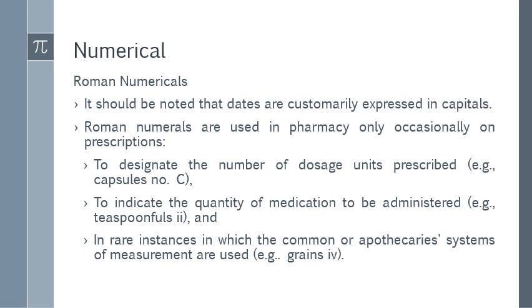In rare instances it can also be used for representing values in measurements, like in the apothecary system, so we can again use Roman numerals like grains IV. Here is the example.